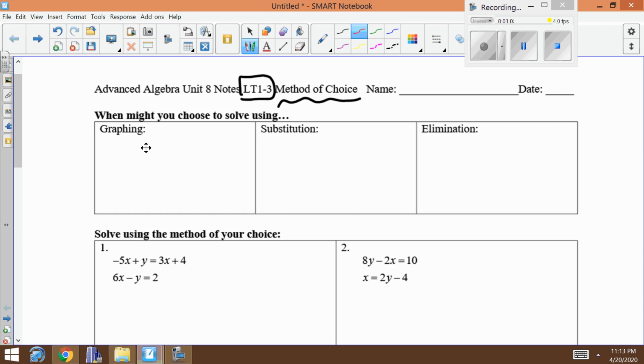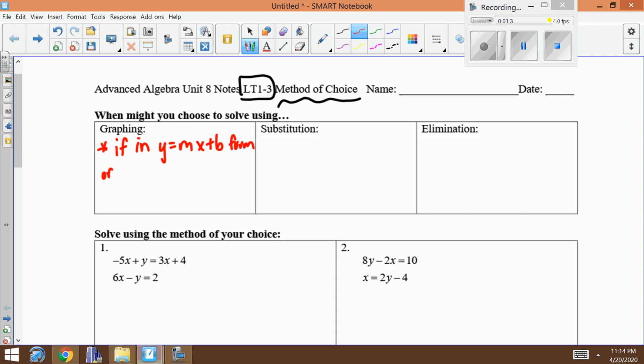So if I look at a problem between graphing, substitution, and elimination, when I think about solving by graphing, the main thing I think about is if they're in slope-intercept form, so y equals mx plus b form. If they're both in that form, or if one is, or it's easy like that, I'm like, let's graph it. That looks pretty easy to graph.